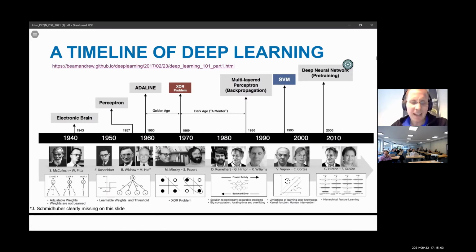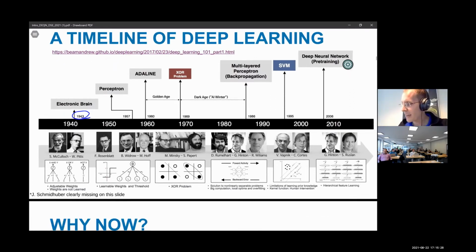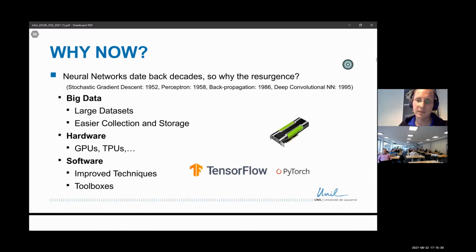So deep learning is not new at all. If you look at the history of neural nets, some first formulations were already presented in the mid 40s, actually when my father was born. So the question is, why is it emerging now?